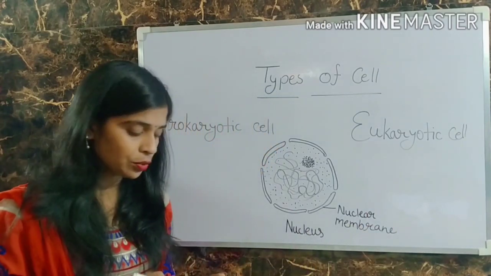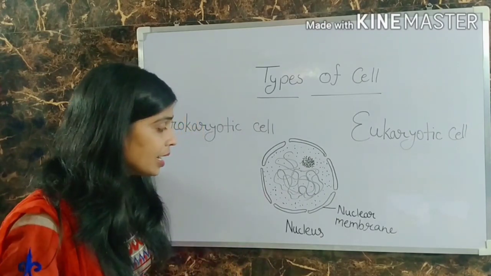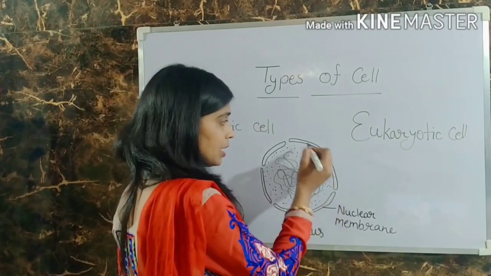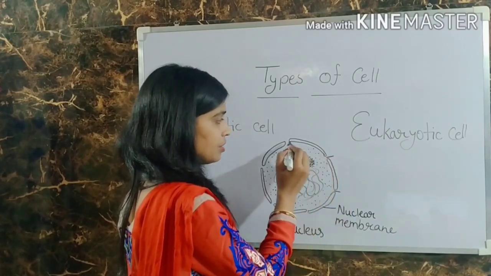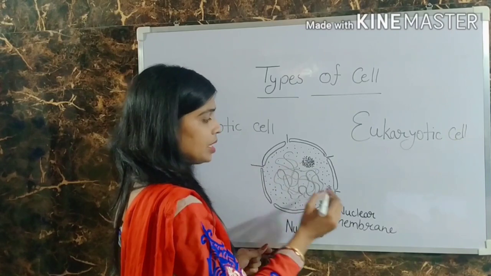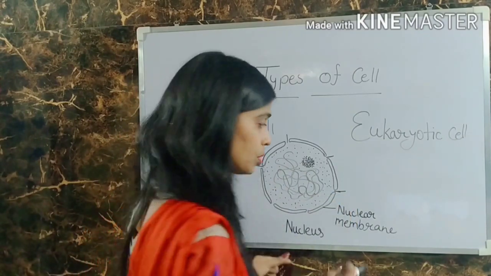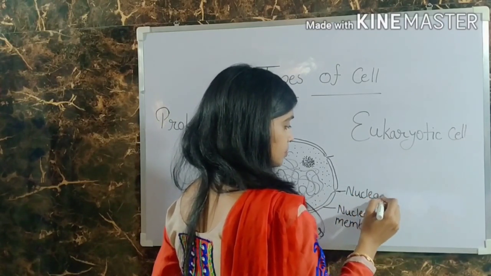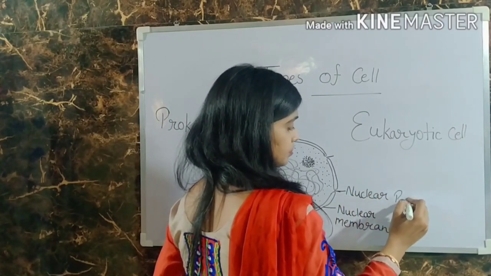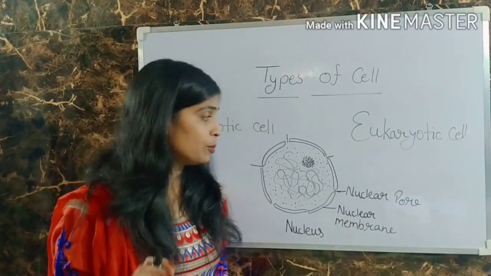It is called the nuclear membrane or the nuclear envelope. And in the nuclear membrane, you are seeing the pores present in between. These pores are called the nuclear pores.